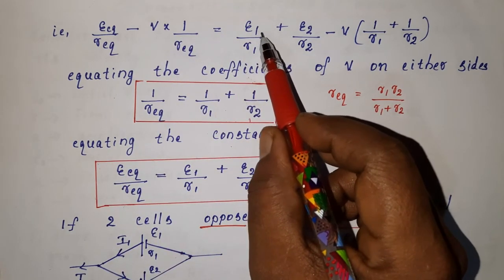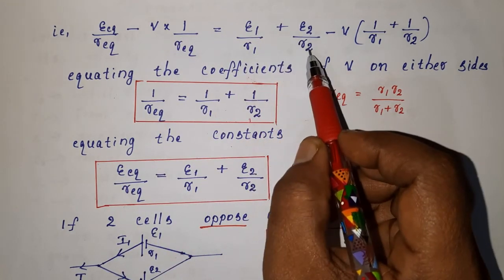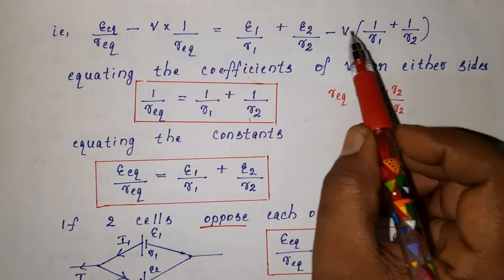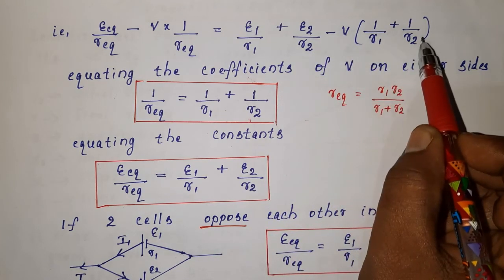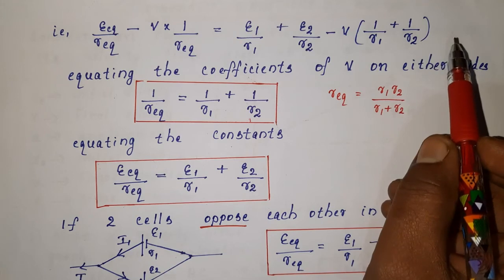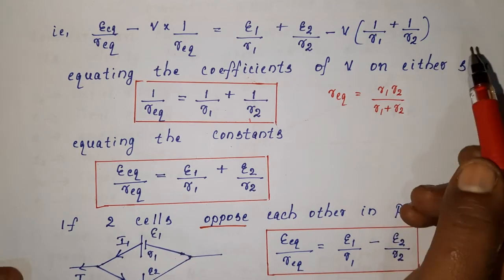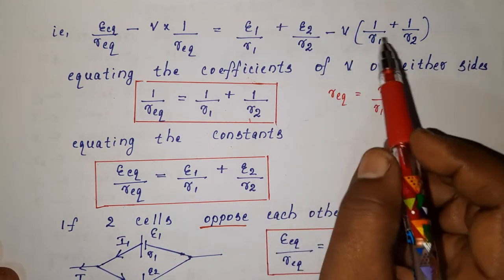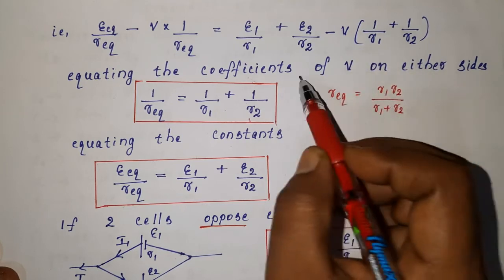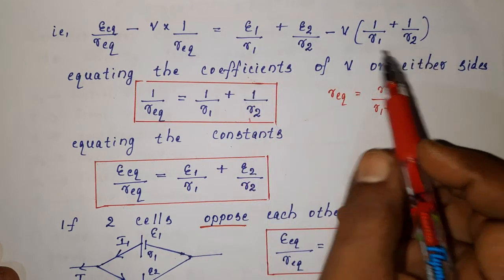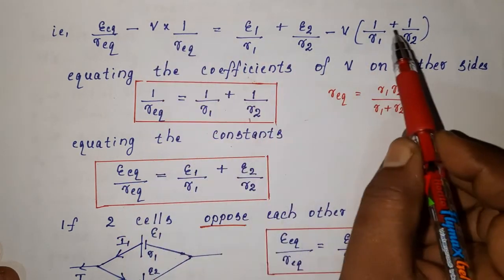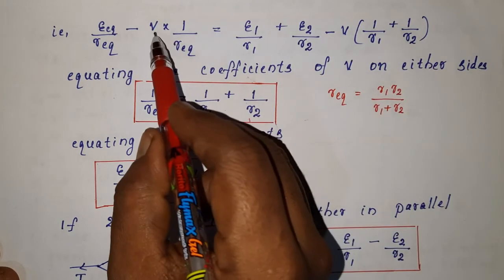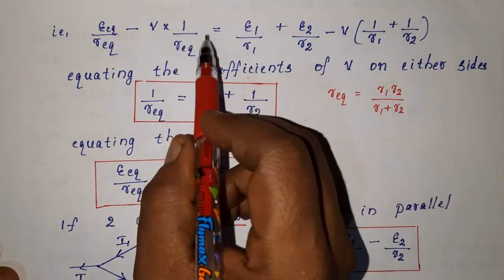Here we have epsilon 1 by R1 plus epsilon 2 by R2 minus V into (1 by R1 plus 1 by R2). As we stated earlier, when we equate the coefficients of V on either side, they should be the same.